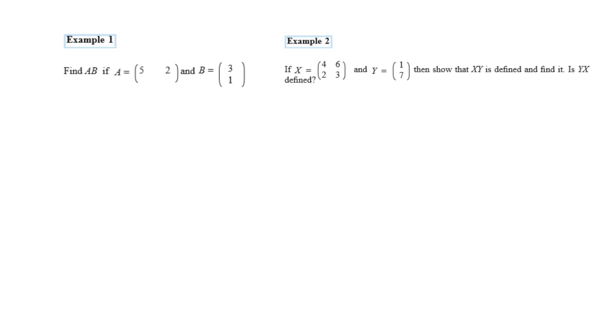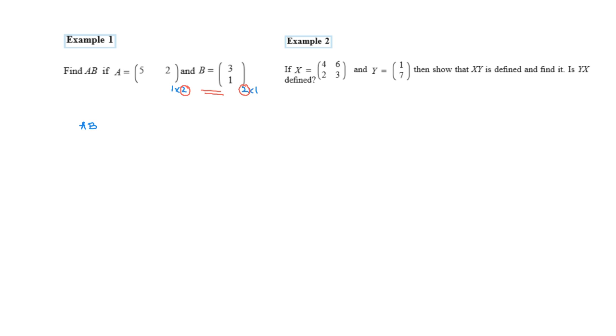Example 1. Find AB if A equal 5, 2 and B equal 3, 1. First we will check the order here. This is 1 by 2 and this is 2 by 1. Number of columns of the first matrix is equal to the number of rows of the second matrix. These two are equal. We can define AB.